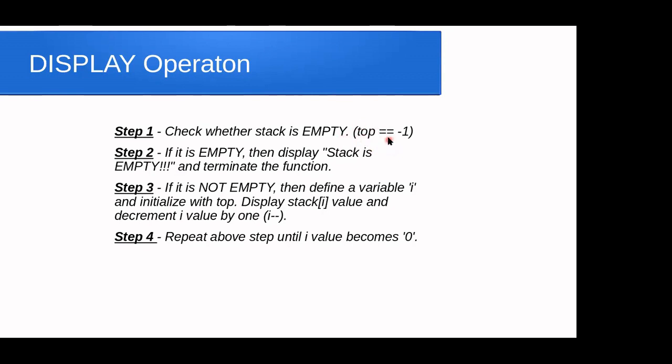If it is -1, it is empty; if it is not -1, it is not empty. If top is -1, then just display that your stack is empty, and terminate the function.